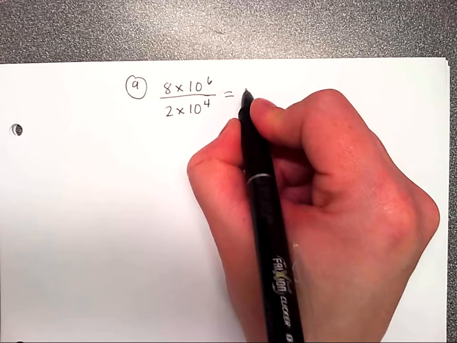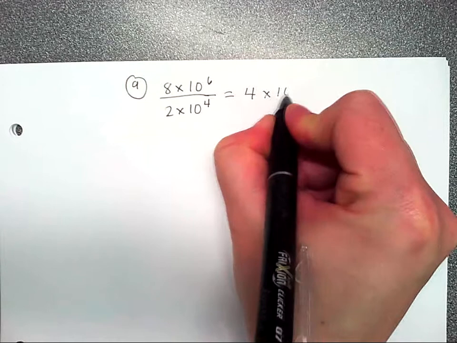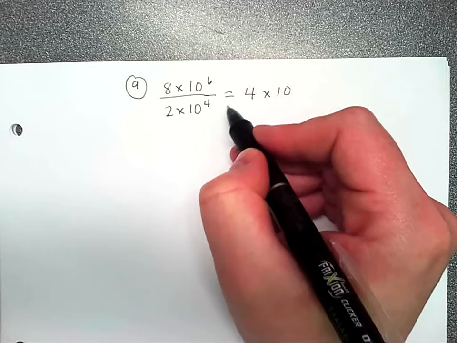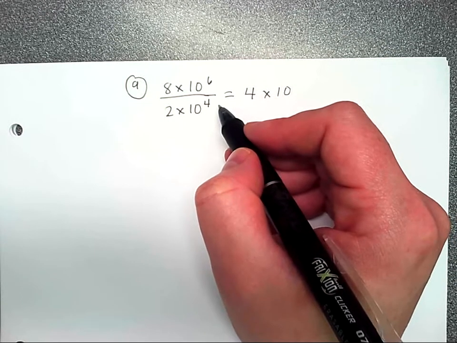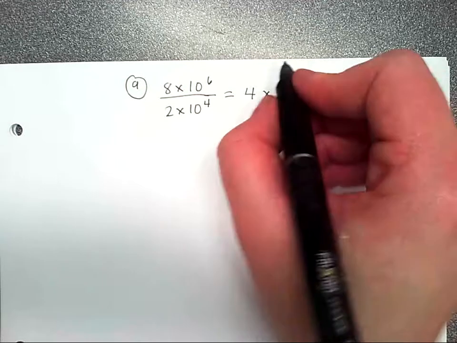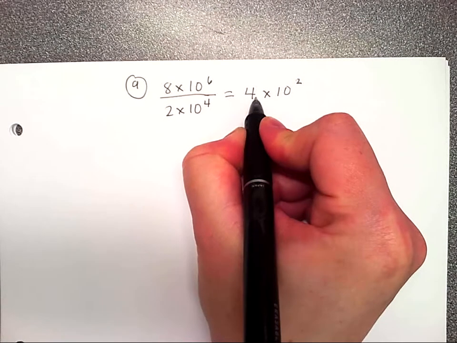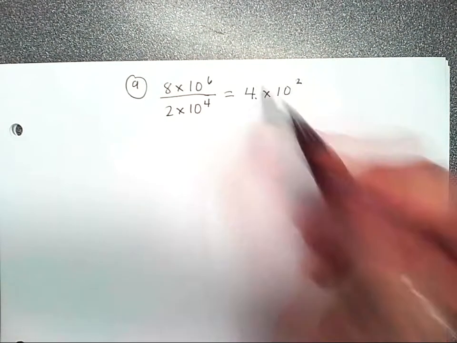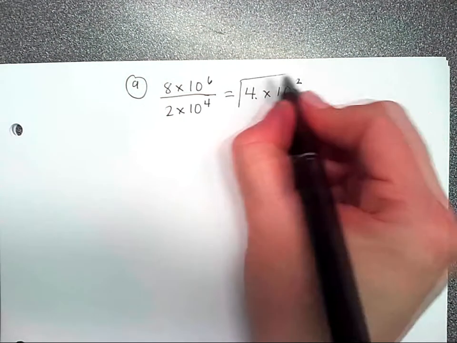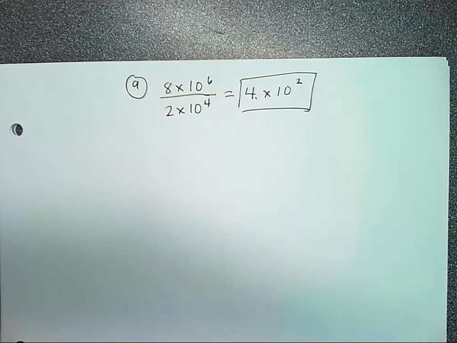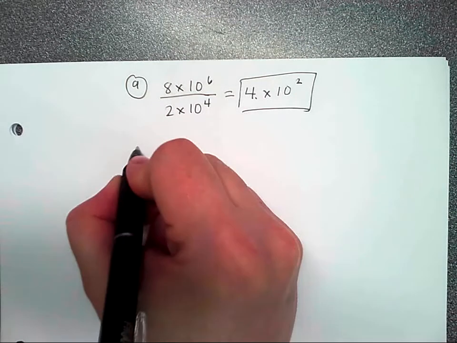So 8 divided by 2 is 4, times 10 to the 6 divided by 10 to the 4th. I'm subtracting those powers, right? 2. So it's 10 to the 2. Is this in scientific notation? Yes, because here's my decimal. The number to the left of the decimal is between 1 and 9. So I'm done. Okay?